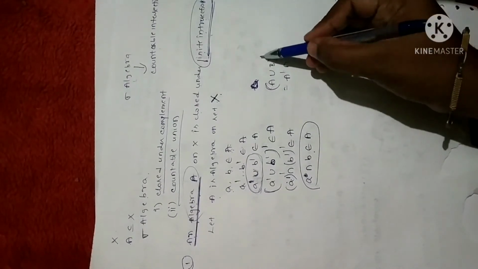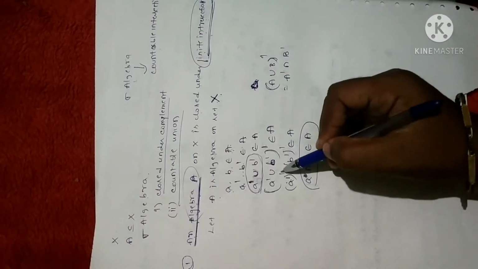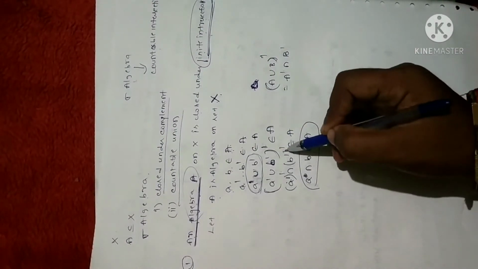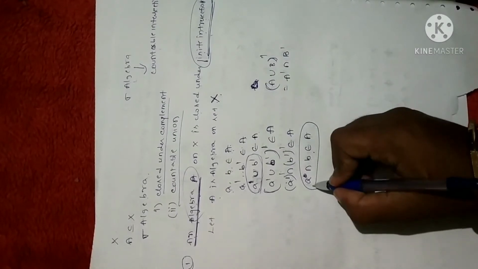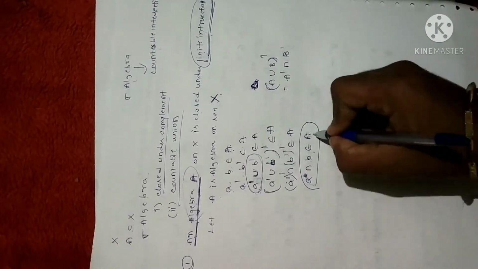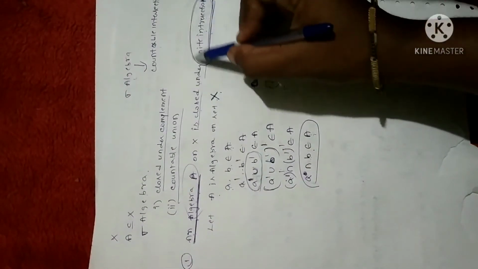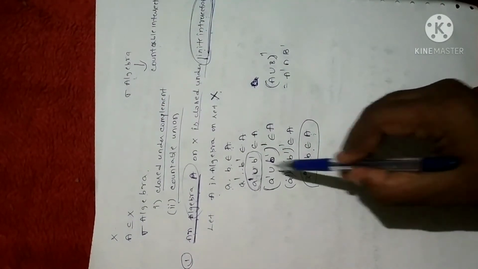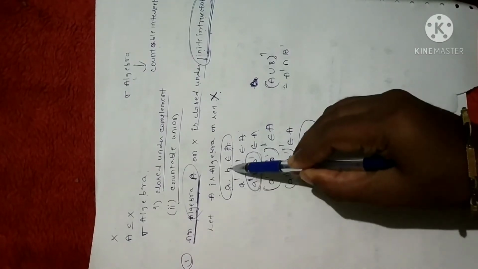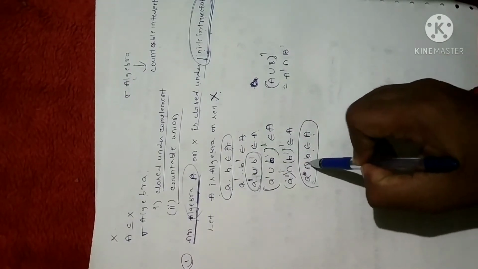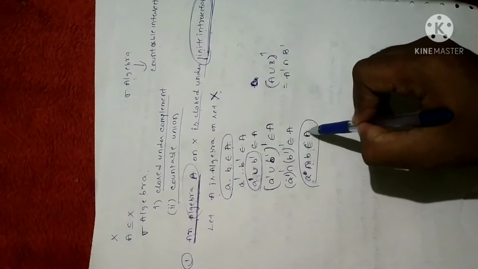Now apply De Morgan's law. (A complement) whole complement will become A, (B complement) whole complement will become B. So its intersection also belongs to the given subset. So I have proven it is closed under finite intersection, in the sense that the intersection of the same elements A, B also belongs to the given subset A.